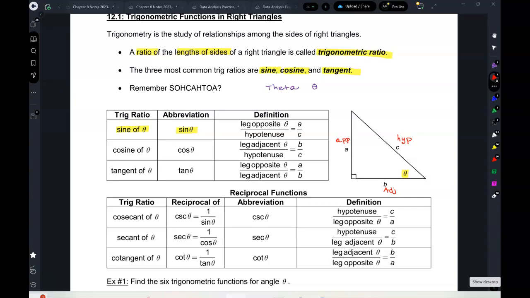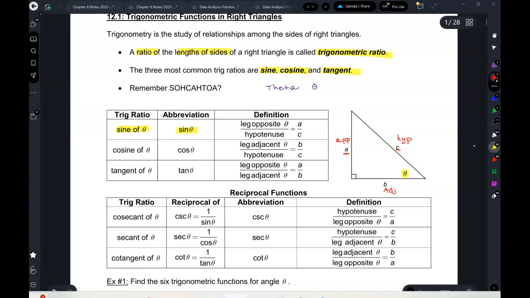So now, if you wanted to find the sine of theta, all you would do is you would take the opposite side over the hypotenuse and you would get A over C. So if the opposite side has a length of 3 centimeters, this has a length of 5 centimeters, it would be 3 over 5. Okay? All right.